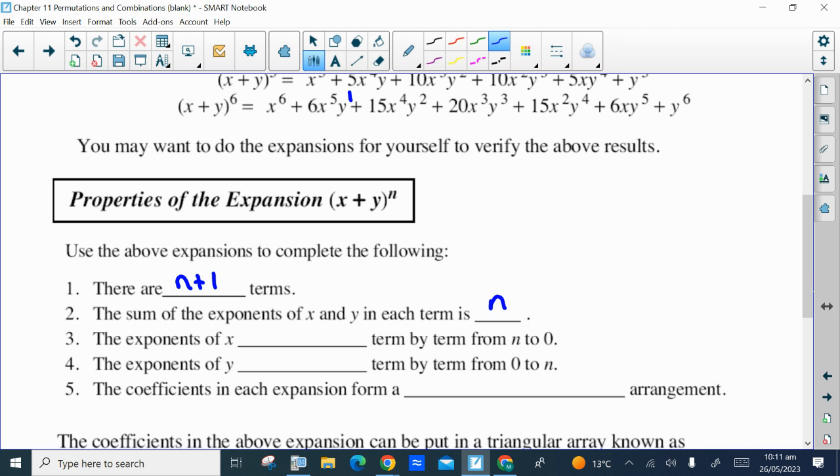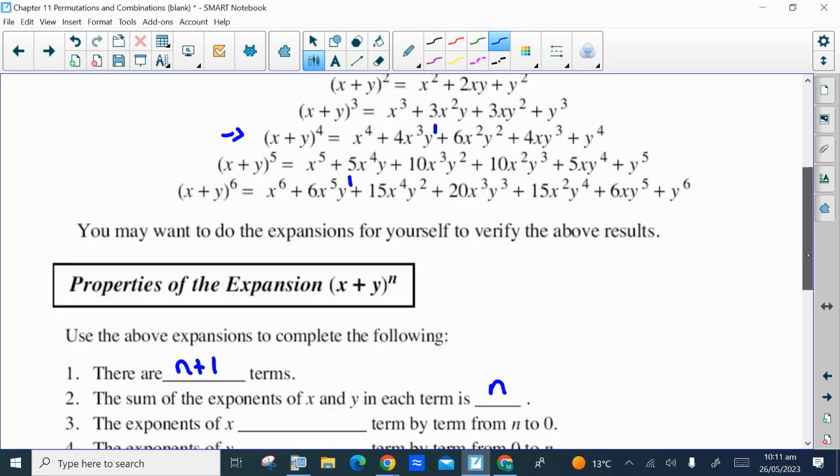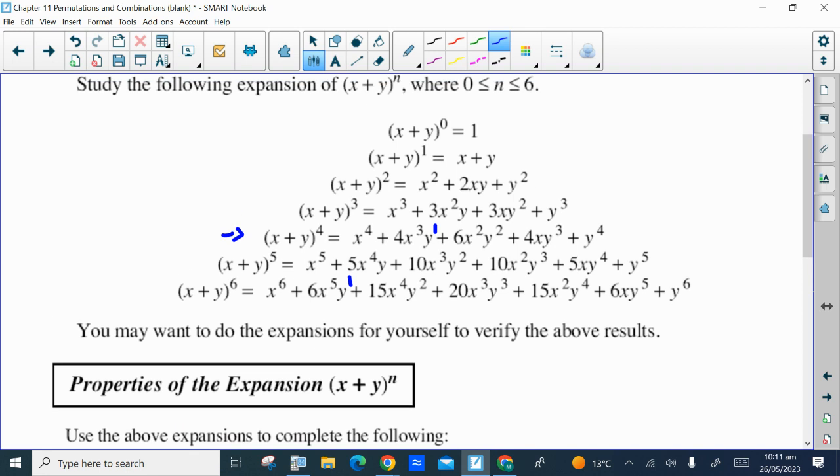The next observation deals with what's happening to the exponents of x. Now, x is the first term of the binomial. You're expanding (x + y)^n. x is the first term in the binomial. And if we look at this last row again, the power on x is 6, which is what n is. The next term, though, the power on x is only 5, and then 4, and then 3, and then 2, and then 1. And the last term, we could write it as y^6 x^0.